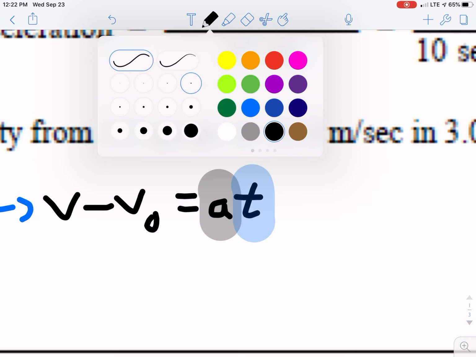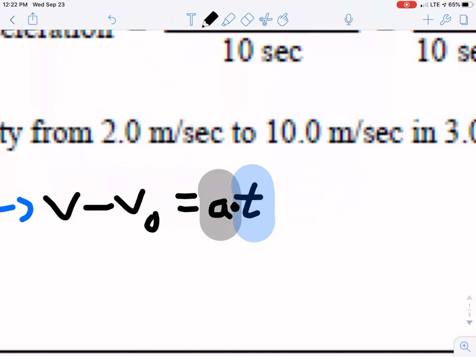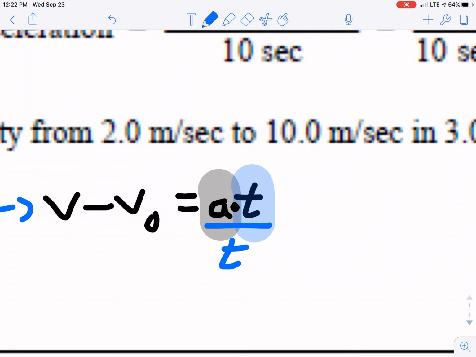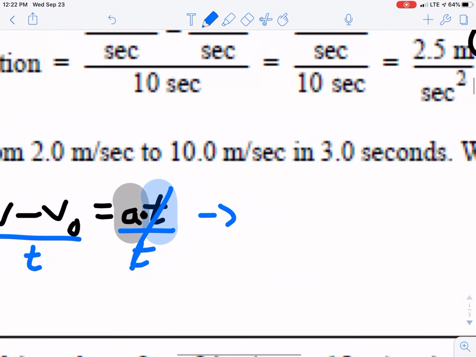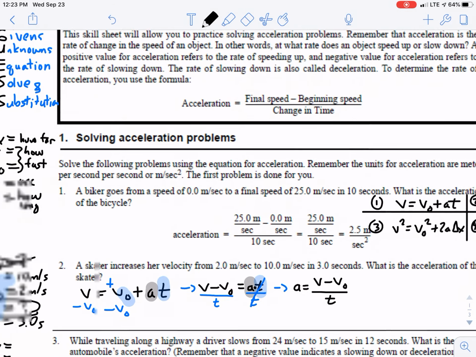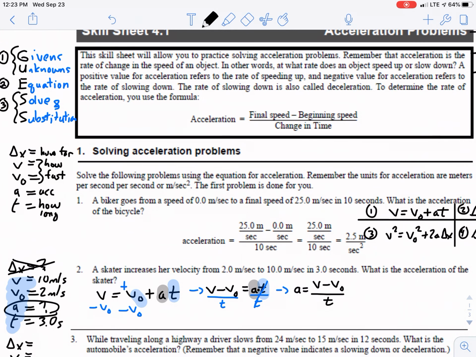A, t means times. So what's the opposite of times? We need to divide away what we're trying to get rid of. And we end up with the following equation: acceleration equals final velocity minus initial velocity over time. And if you paid attention to the beginning of the assignment, you can see that equation was given to us right here at the top.